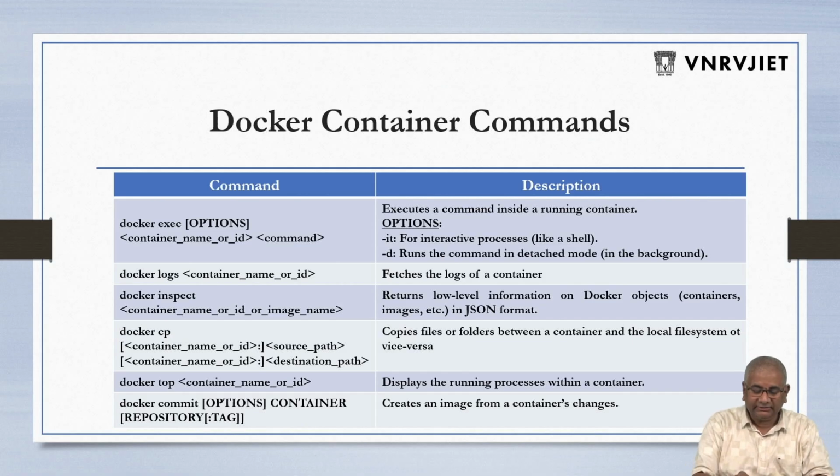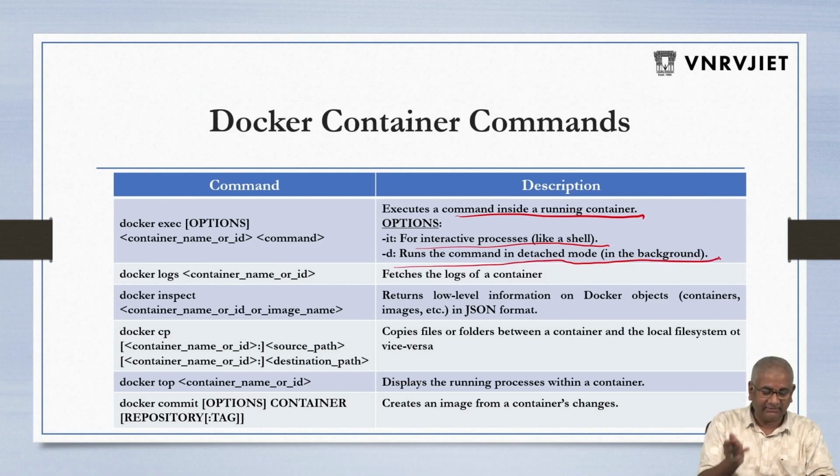Docker exec executes a command inside a running container, which is not really great, but yeah, it is possible. Docker exec options: -it for interactive processes like a shell, -d to run the command in detached mode in the background. I think this is what we use by default. So you want to run a particular command in the running container.